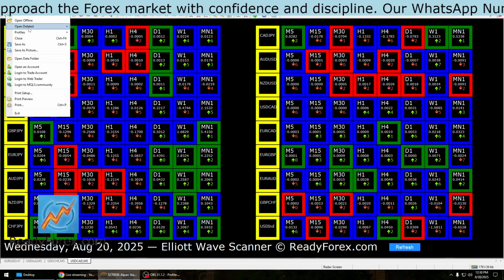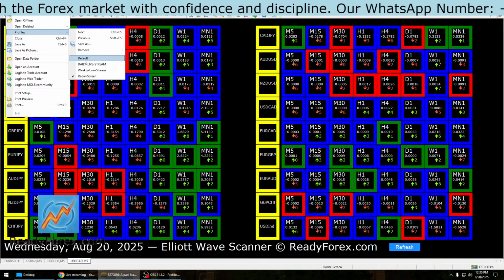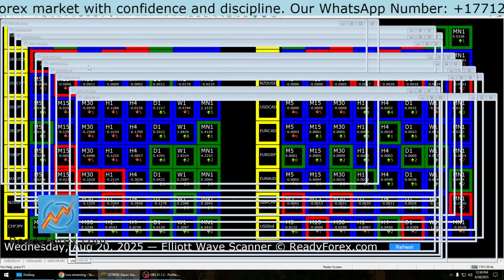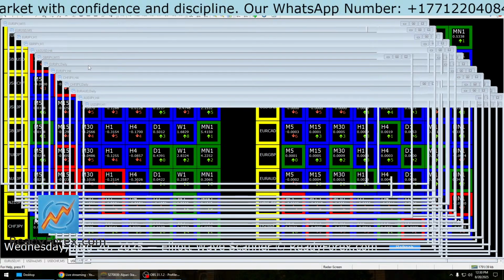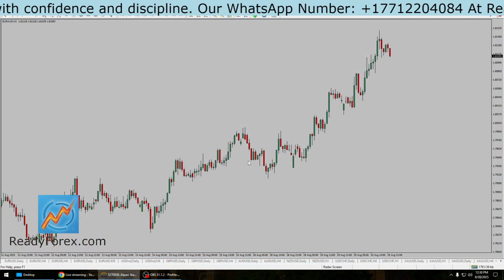Okay, so let's go back to the Euro AUD pair. I'm going to check out the daily chart first. Let's see what's going on in Euro AUD pair daily time frame.